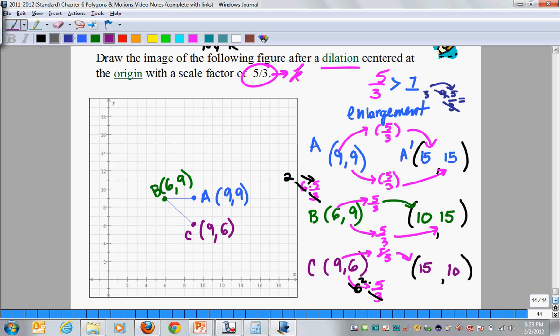So we have 15 and 15 is our new point. So 15 and 15, that's our sub A. And our B is going to be at 10 and 15. And our C is going to be at 15, 10.